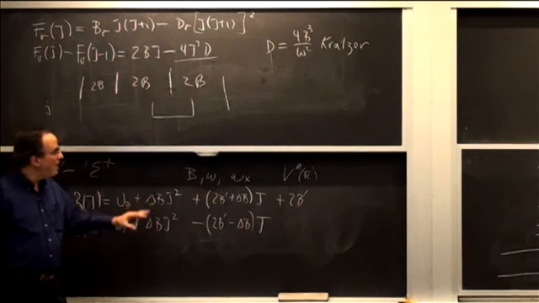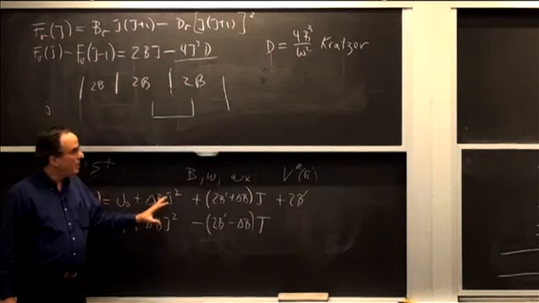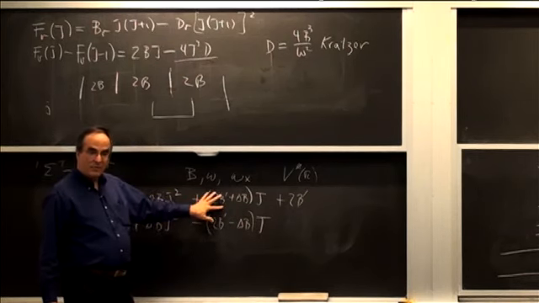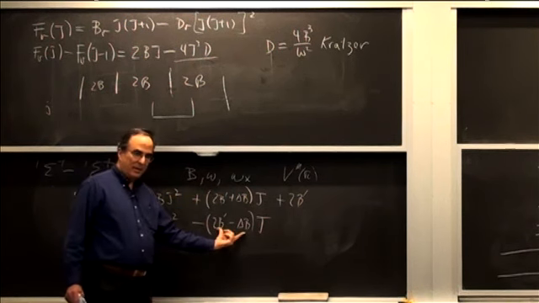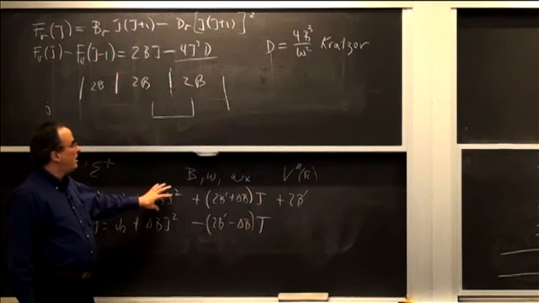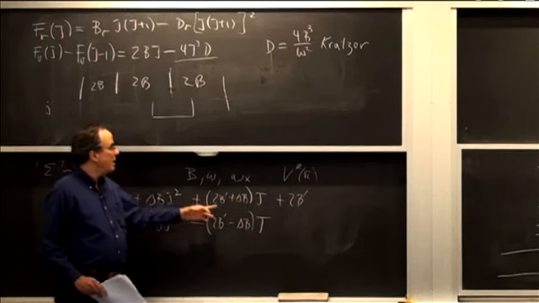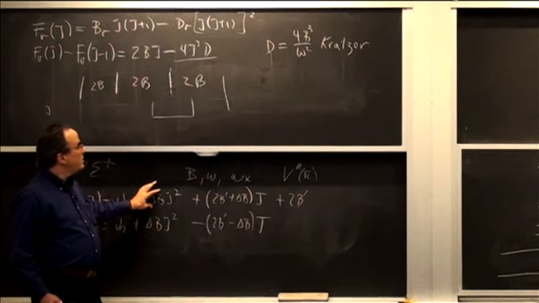And so what ends up happening is that this branch starts going to the blue because it's got a positive term here. This branch starts going to the red because it's got a negative term. But then this term gets big, and depending on the sign of delta B, this can make it turn around and go the other direction.